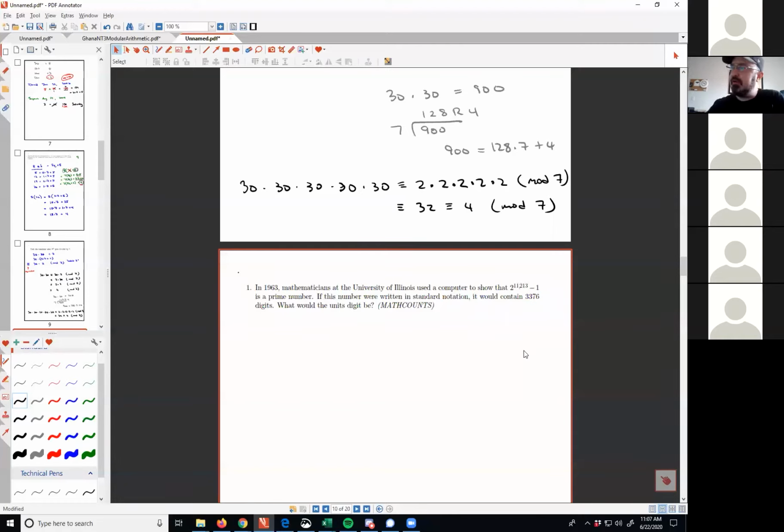So we just want to know the units digit. What's another way of saying we want the units digit? The last digit. Okay, think of it as a remainder. It's the remainder when we divide by what? 10. It's the remainder when we divide by 10.